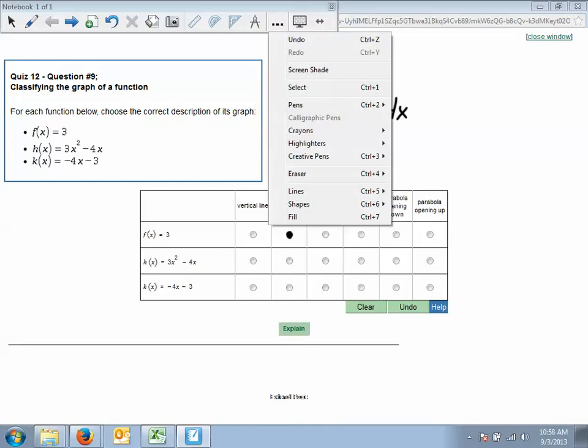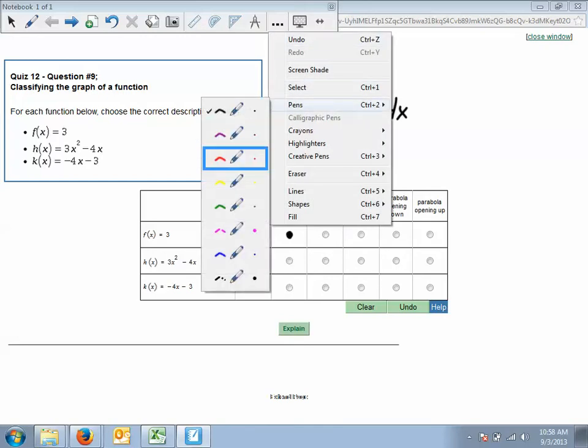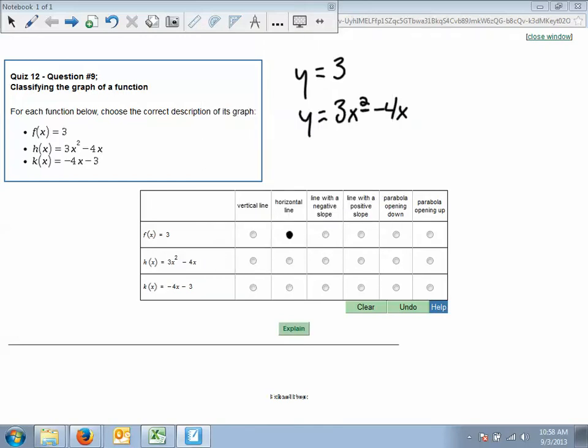Now the way to tell if a quadratic function opens up or down, we want to look at our leading coefficient. So we want to look at the number in front of our x squared term. In this case, this is a 3. Anytime that you have a positive number, your parabola is going to open up.